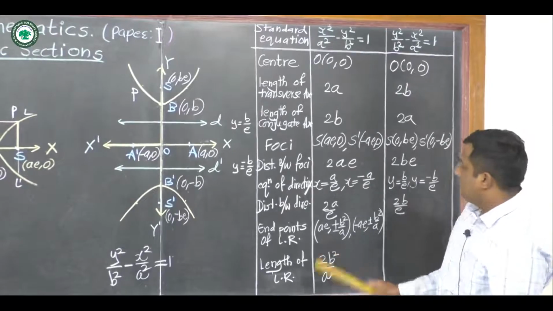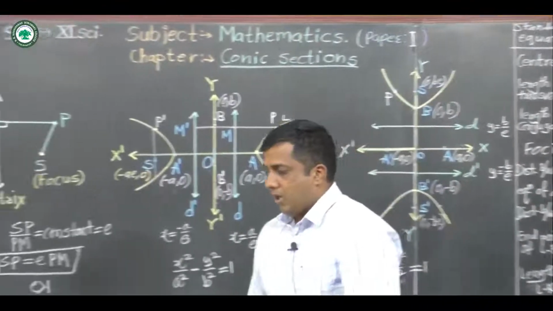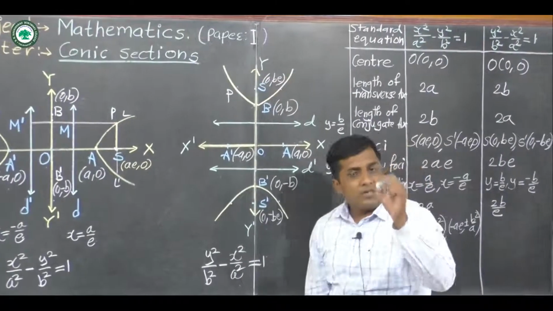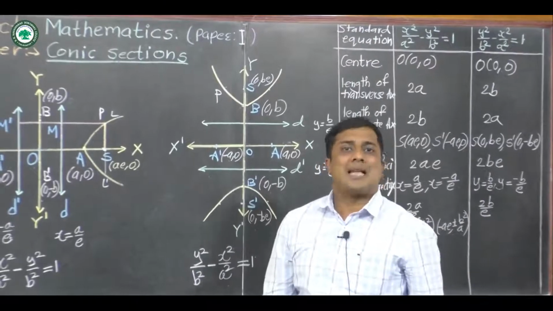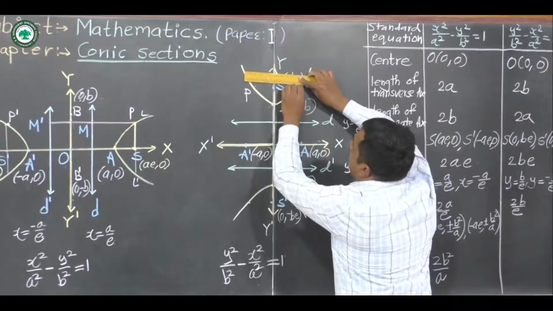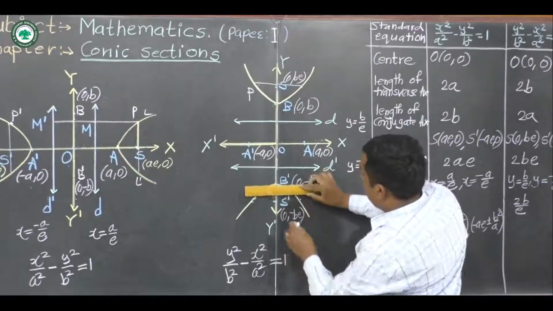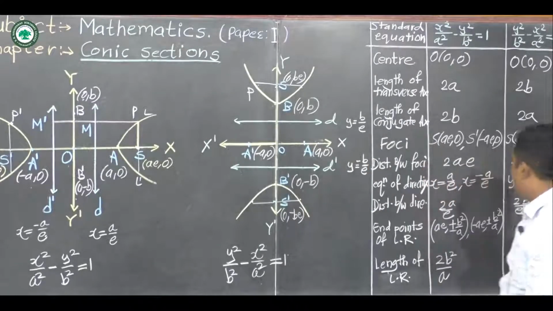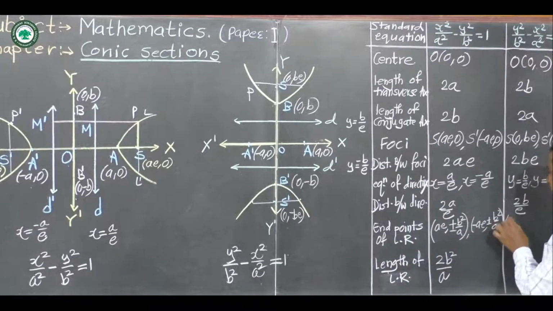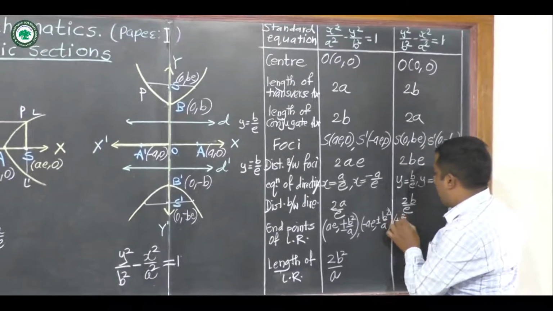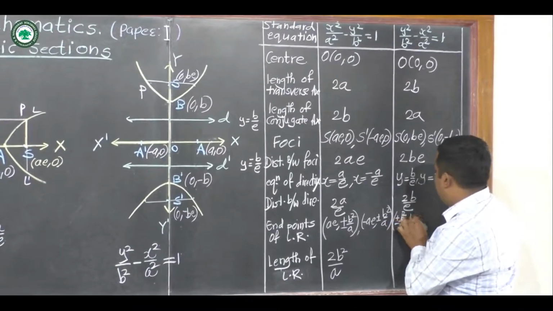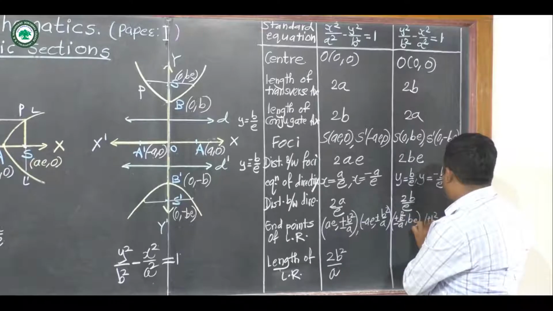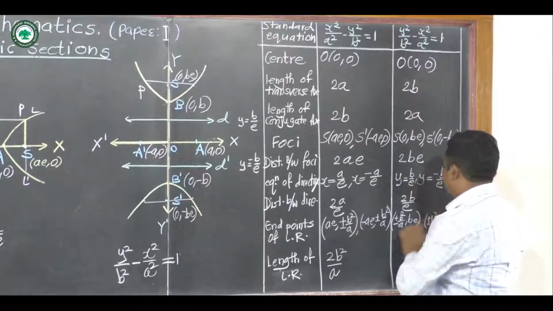Next, the endpoints of the latus rectum. Again, we know the latus rectum is a chord which is perpendicular to the transverse axis and passes through S, like this. So this is our latus rectum. We have two latus rectums. In the first, we consider (plus minus B square upon A, BE), and in the second (plus minus B square upon A, minus BE).